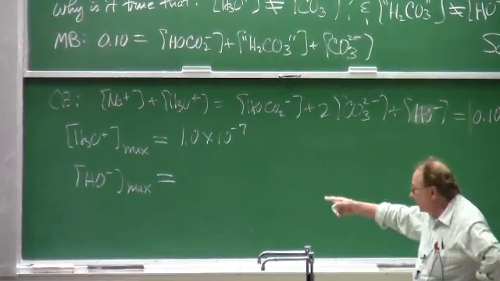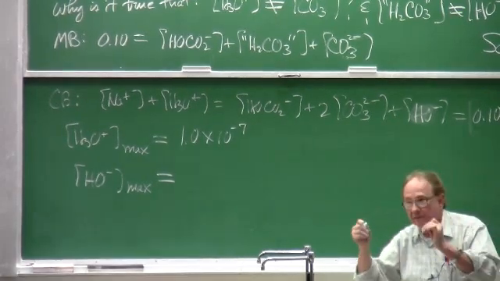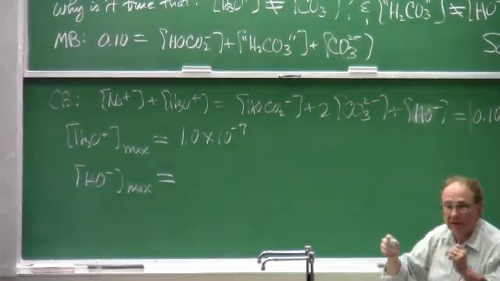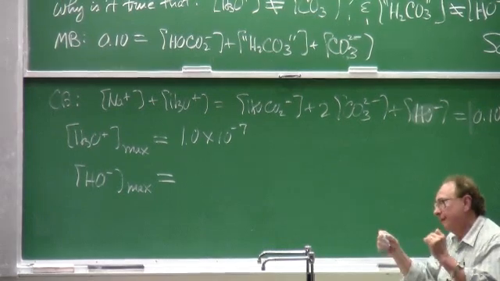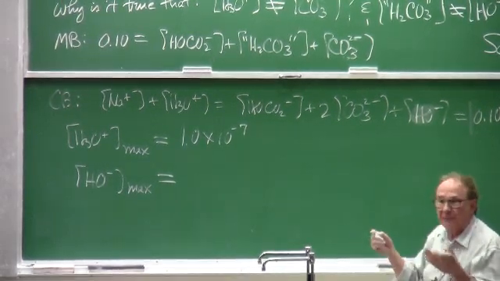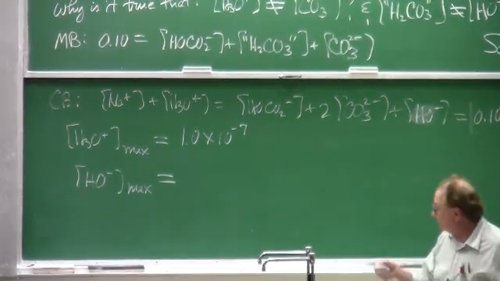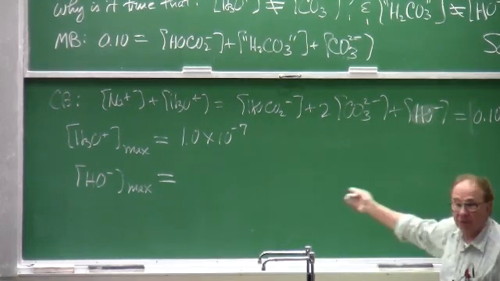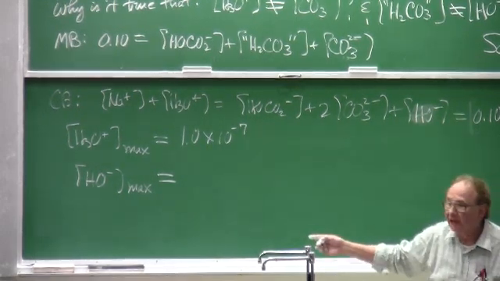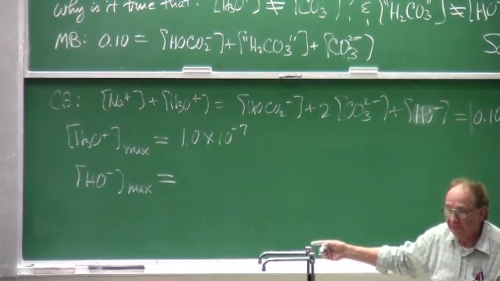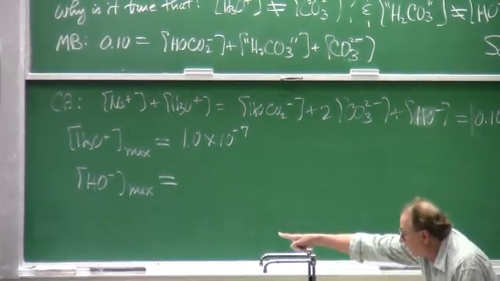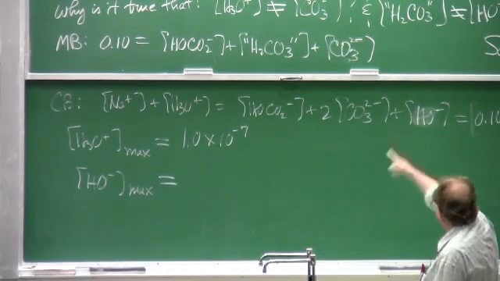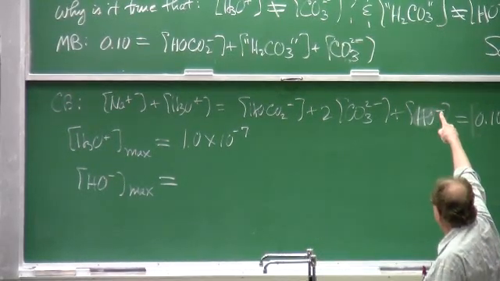Now then, when I ask this question, the main thing that has got to come to your mind when you think about answering it is: I have all the equations written on the board that I need to consider to solve this puzzle, right? That one doesn't have hydronium ion in it, so I can't use it. The top one doesn't have hydronium ion in it, I can't use that.